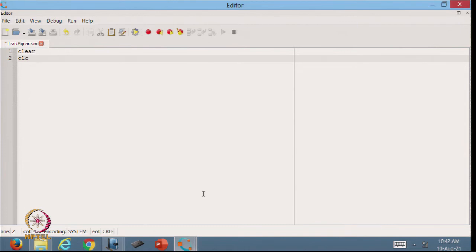Now, I need to define all my x points. I will first take the x coordinates, so x I can write as 0.1, 0.2, 0.3, 0.4, 0.5.